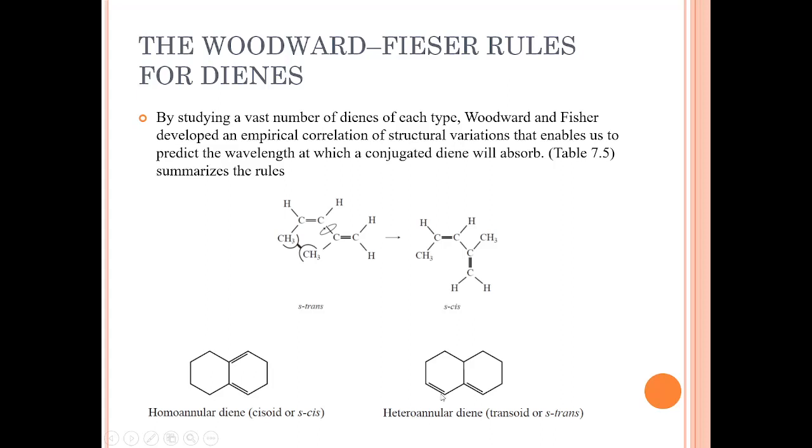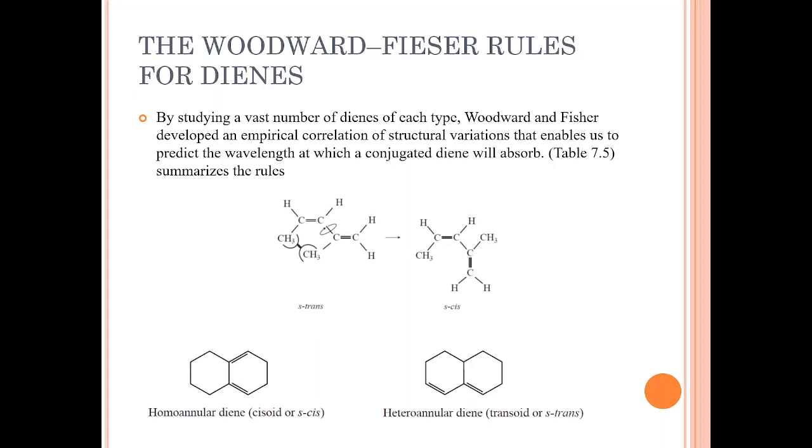And if the two double bonds in the diene are in separate rings, or two different rings, then we call it a heteroannular diene. So friends, this is also called a transoid because this is a trans double bond. These are the cis double bond. So these are the basic concepts about homoannular dienes and heteroannular dienes.